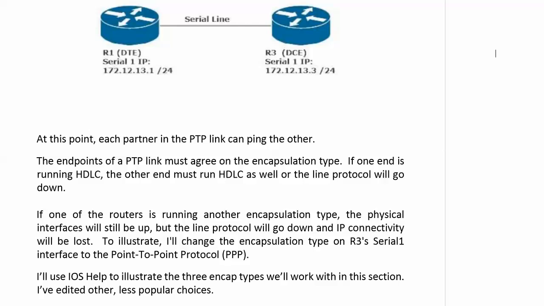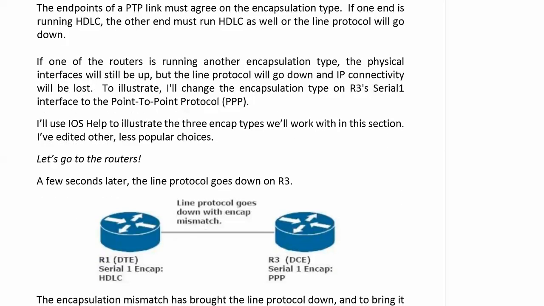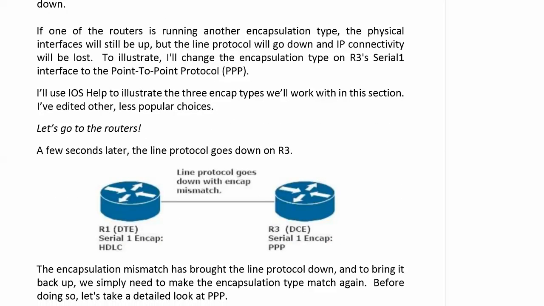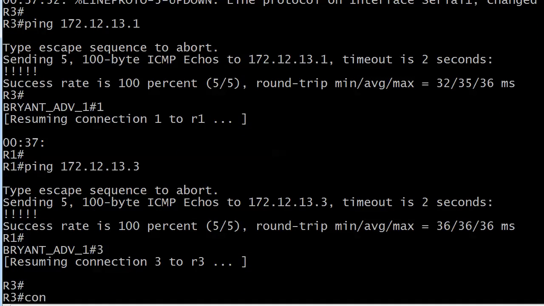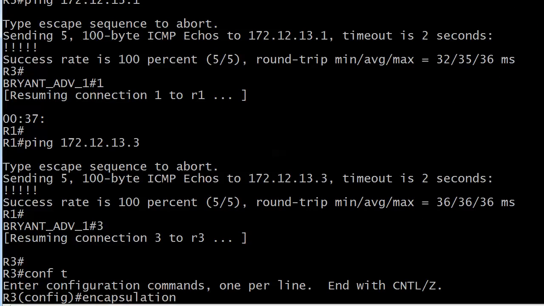Now, again, you're going to have your physical connectivity. That's no problem. We're going to go right back to the routers right now, and I'm going to cause a mismatch because we're going to start with PPP here. And let's go up to router 3 and look at our choices for encapsulation.